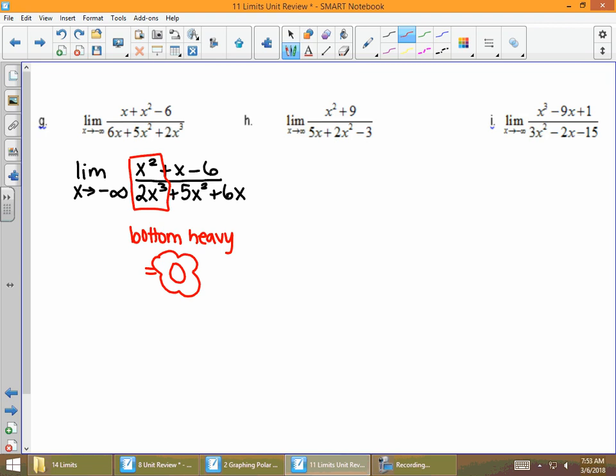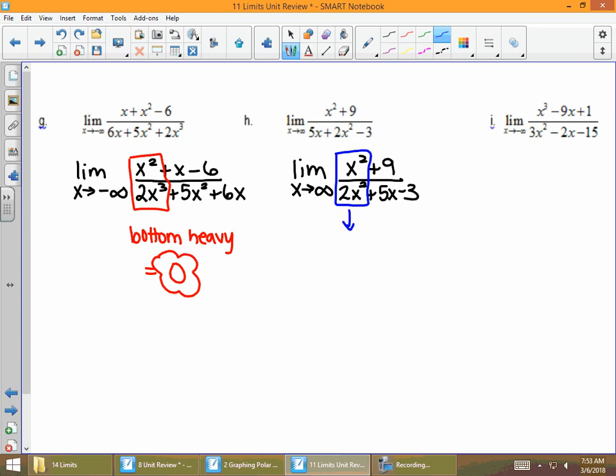Same thing with h. I'm going to reorder so I can get a better handle on my function. x squared plus 9 on top. That doesn't need to be ordered, but the denominator does. 2x squared plus 5x minus 3. So when we're looking at our infinities, everything else becomes negligible. Those numbers become so small compared to our really, really big x values.